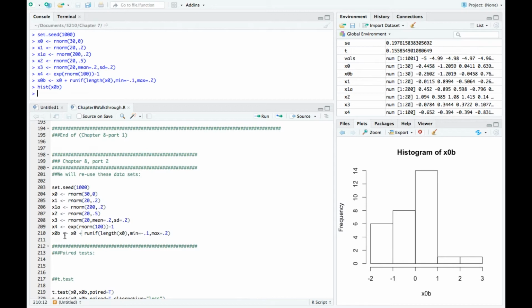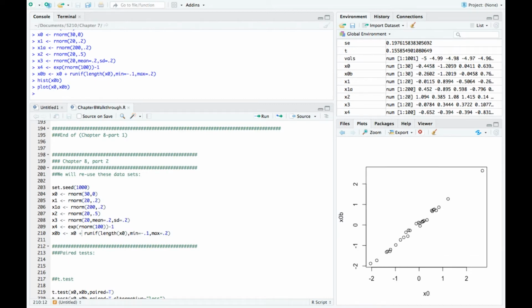And so here we see that, if we look at a plot of x0 and x0b, they're created so they're highly related. Their correlation is very strong, even though there is some noise. It's really not much, and it's almost a complete straight line. But the difference is not much.